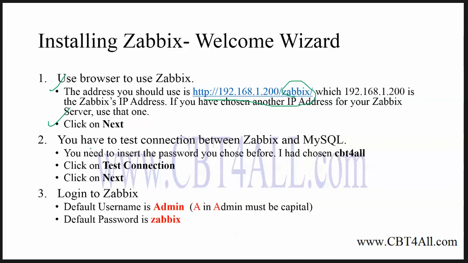And here we should be sure that Zabbix is connected to MySQL. The password I had chosen was CBT for all, so I will insert CBT for all as a password, and after that test connection. What does it mean?